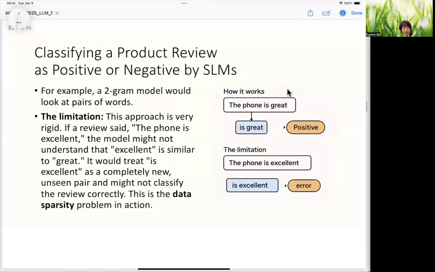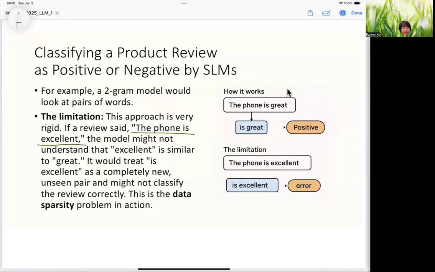Now, let's think about "the phone is excellent." A review contains these words. We know that this is a positive review right away, but the model has never seen this word before. And the model designer did not give any hint that "is excellent" is similar to "is great."